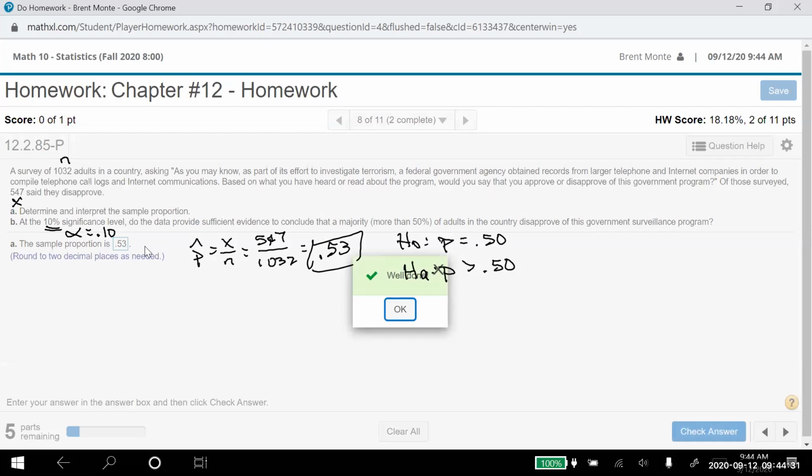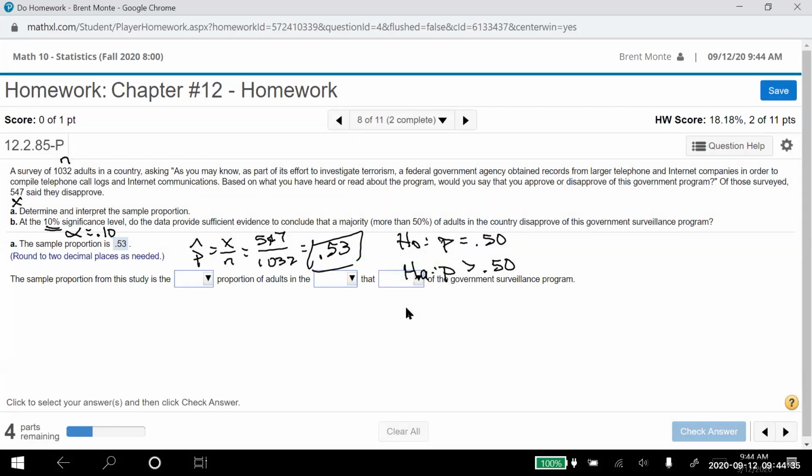Notice it said proportion, so don't type in a percentage there. The sample proportion from this study is the observed, that's what we actually saw, of adults in the sample that disapprove of the government surveillance program.